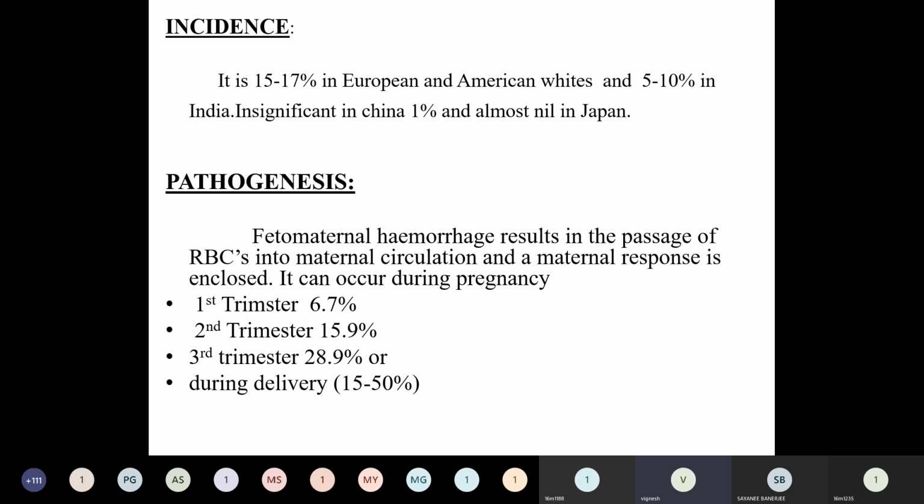In the second trimester, it is about 15.9%. In the third trimester, the incidence is 28.9%, or it may occur during delivery, and the incidence is as high as 15 to 50%. So the maximum incidence of feto-maternal hemorrhage occurs during delivery.